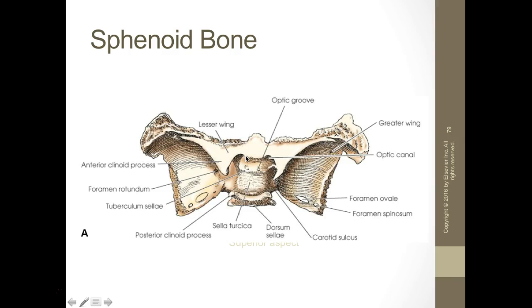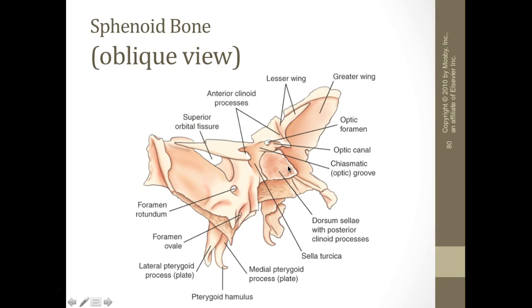All right, so here's another picture. This one's kind of confusing. So you have your optic groove. Here's your lesser wing with your anterior clinoid processes coming off either side. Here's your greater wing, and you have your foramen ovale, spinosum, and then your rotundum. You can see it's obliqued a little bit, and you can see your rotundum right there. It's kind of tucked up under, like I said. Here it is at an angle, okay?